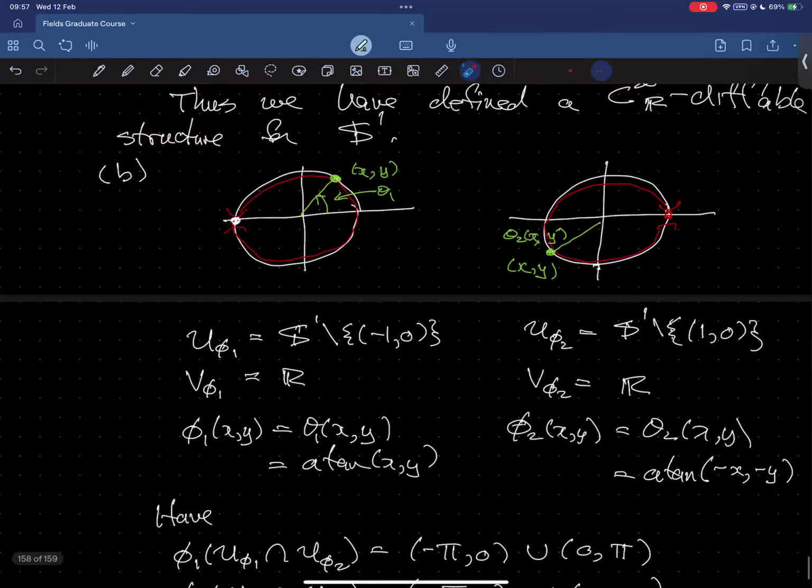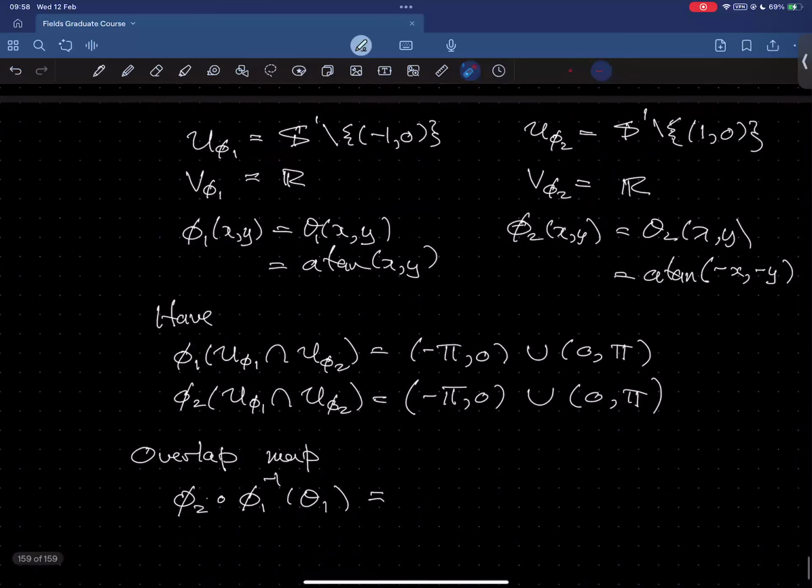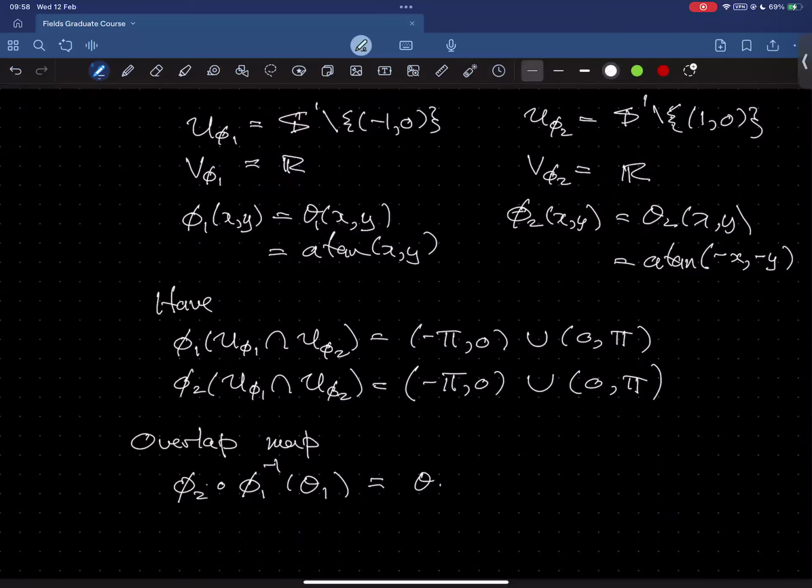Okay, so theta 2 is going to lie in the minus pi to 0 interval, and so it's going to be theta 1 minus pi. Theta 1 minus pi. Okay, so that is when theta 1 is between 0 and pi.